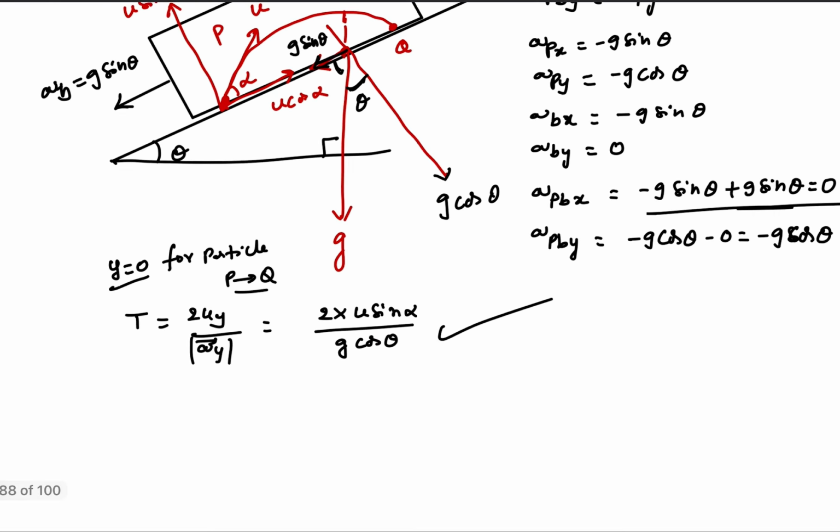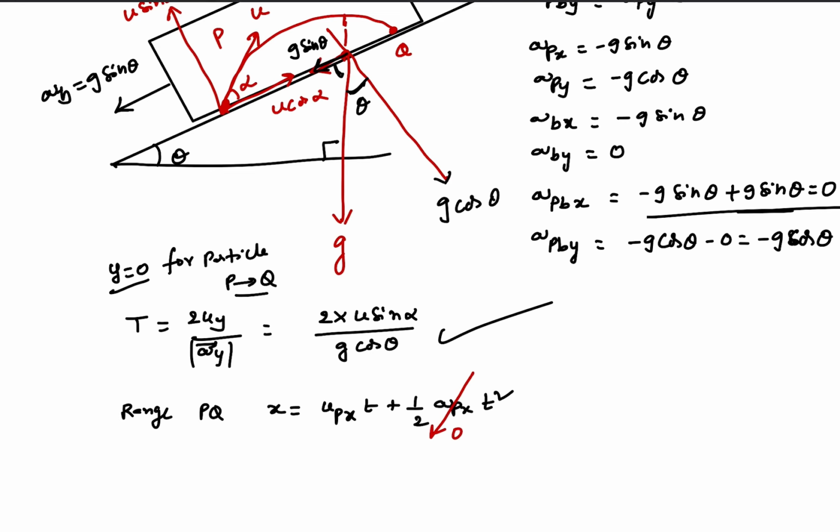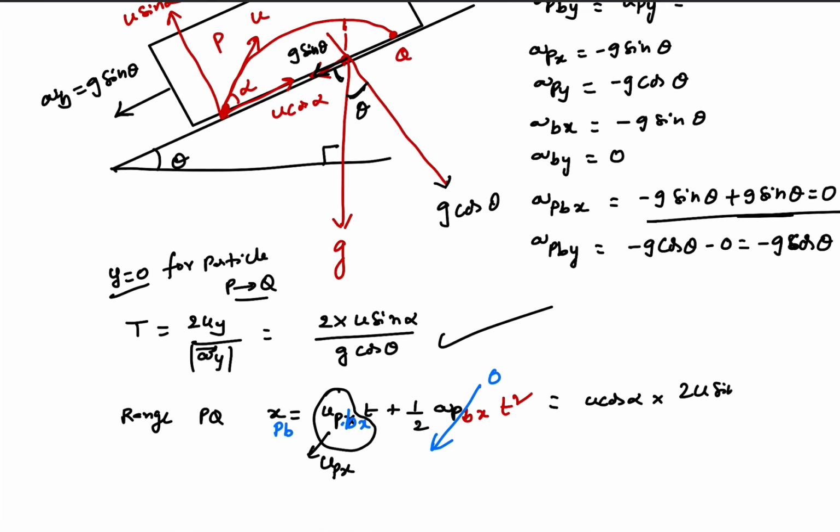Now the first question: what are they asking? They are asking for the x value, so the range PQ. x is equal to u_p along the x-axis times t plus half a_px t squared. As a_px with respect to the box is 0, that term is 0. All the position of the particle with respect to the box depends only on the initial velocity of the particle along the x-axis. Substituting, u along the x-axis is u cos alpha, and T is 2u sin alpha divided by g cos theta.